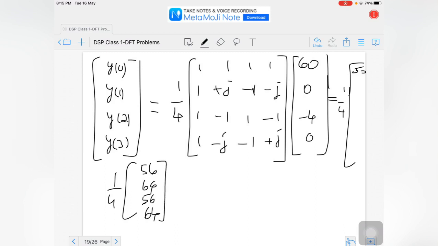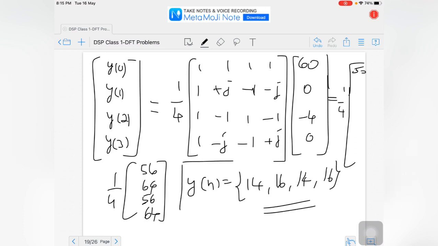Therefore y of n is equal to 14, 16, 14, 16. So this is the answer obtained at the end by using the DFT method.